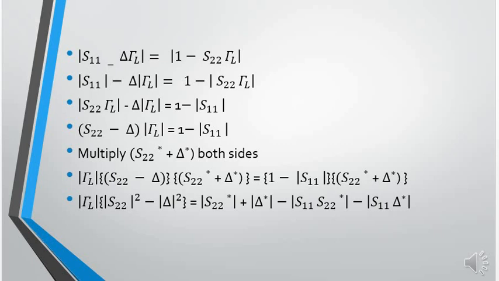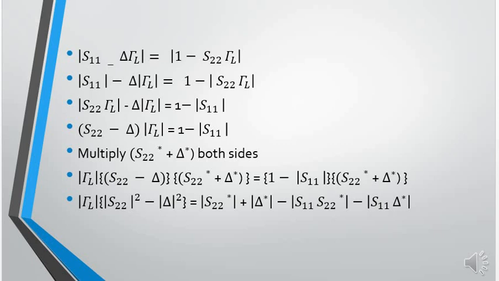So multiply S22 conjugate with del conjugate on both sides. So the expression becomes gamma L into S22 minus del into S22 conjugate plus del conjugate equal to 1 minus S11 into S22 conjugate plus del conjugate. Now multiply this term inside, gamma L into S22 into S22 conjugate is S22 square minus del square. That is A plus B into A minus B. A plus B is conjugate, so that can be written as A square minus B square.